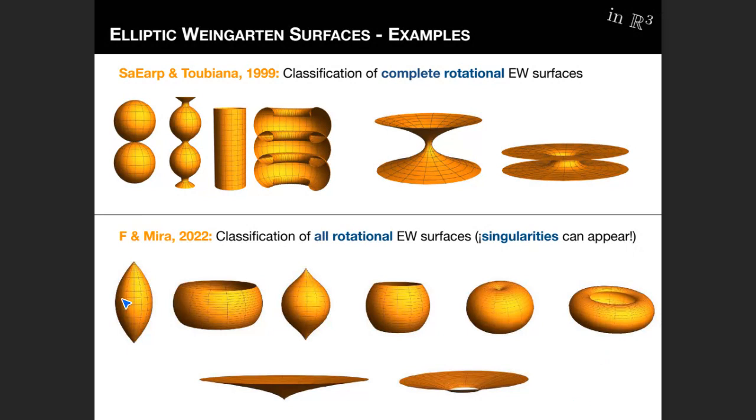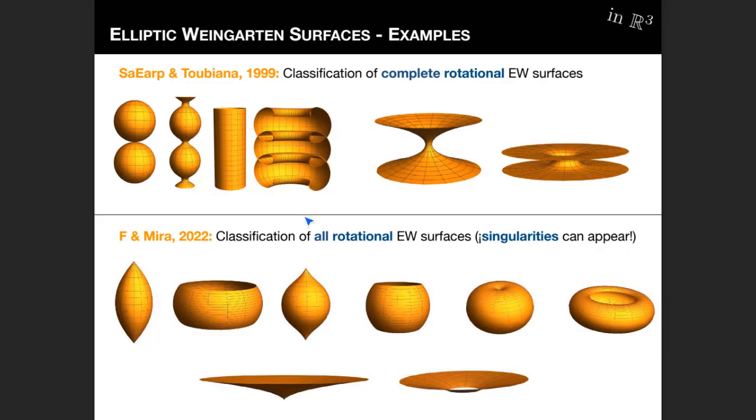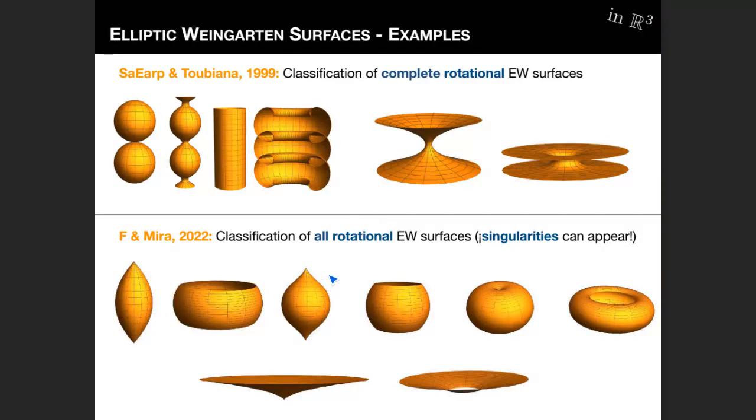And in a recent paper with Pablo Mira, we classified all rotational elliptic Weingarten surfaces. If they don't have singularities, then they are part of Sa Earp and Toubiana's examples. But if they have singularities, then we have some other examples that you have here that are kind of the singular versions of the examples above. So we can have either isolated singularities or a curve of singularities at the boundary.